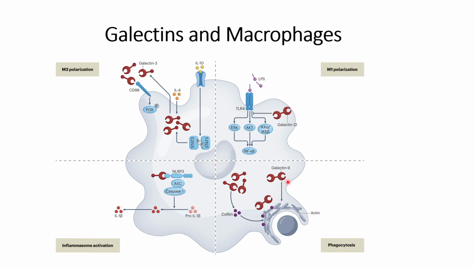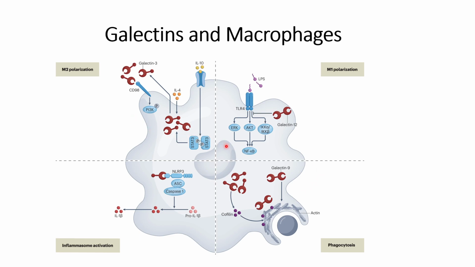Galectin 9 directly interacts with actin, and that helps in actin rearrangement and supports the phagocytosis of the cells. In this way, galectin 9 and galectin 3 help in the phagocytosis of the cells.